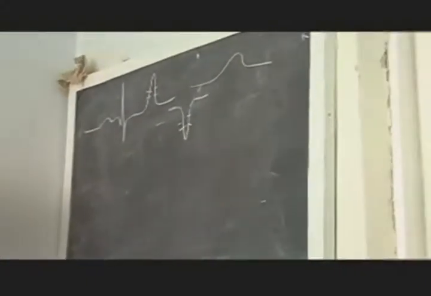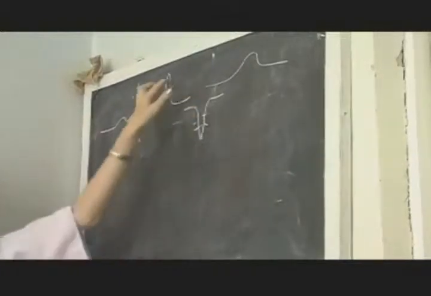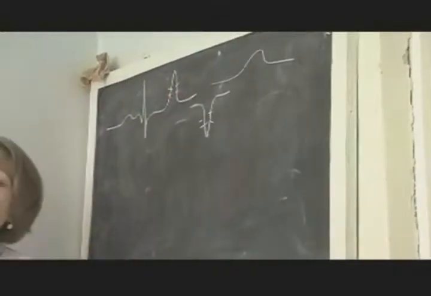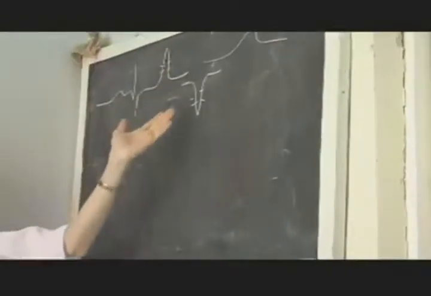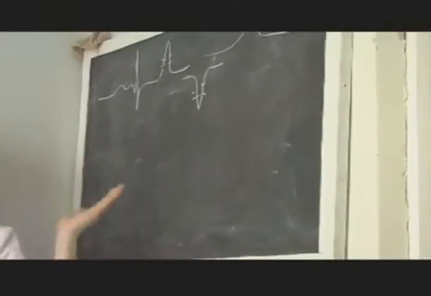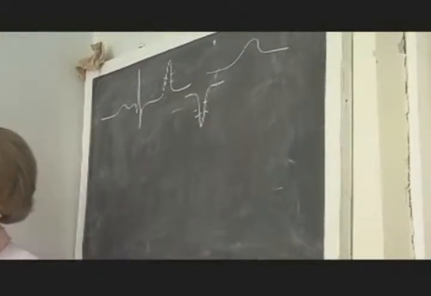If we see the T wave grows upward or downward, becomes sharp and symmetric, it indicates an ischemic process. And if the patient clinically complains of severe specific pain behind the sternum, we can speak about myocardial infarction.